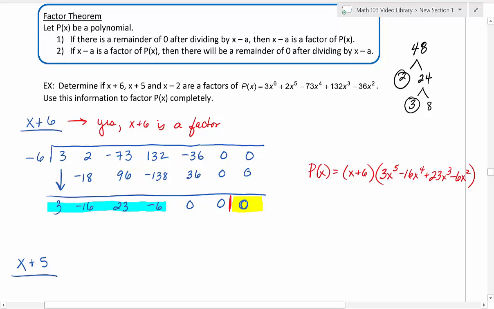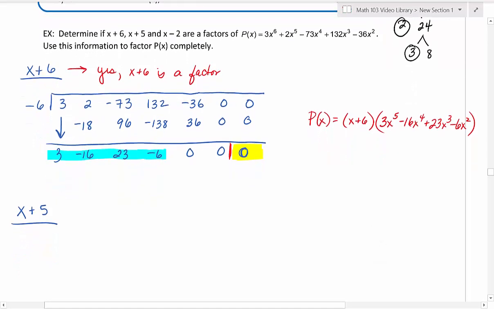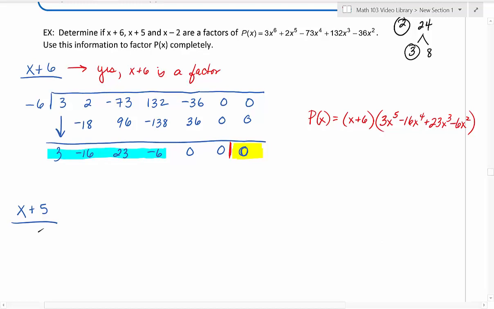That's essentially what we're trying to do with p of x. Note that 3 was a factor of 24. And since 24 was a factor of 48, that makes 3 a factor of 48. Therefore, if I want to check to see if x plus 5 is a factor of my original polynomial, all I need to do is check x plus 5 in this 5th degree polynomial factor here.